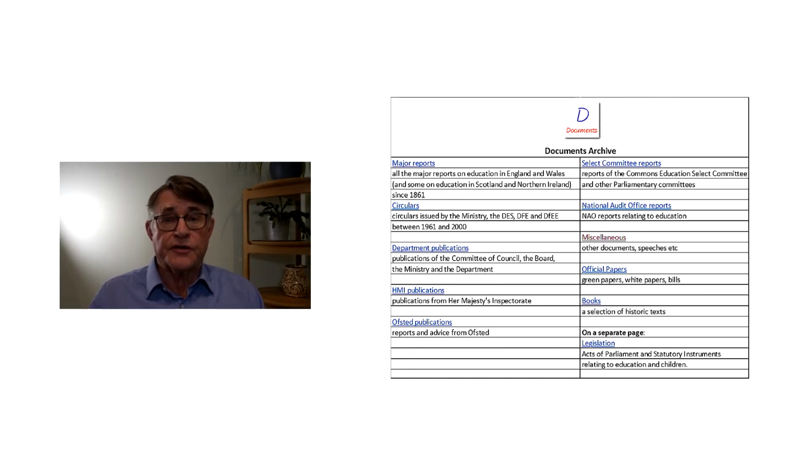We now move on to the letter capital D. D for documents. Now, the linked documents are sourced from government departments, such as various departments of education, the Inspectorate or the HMI and Ofsted, the Parliamentary Select Committees and the Audit Office. There are other documents as well, sourced from speeches, discussion papers and various ad hoc reports.